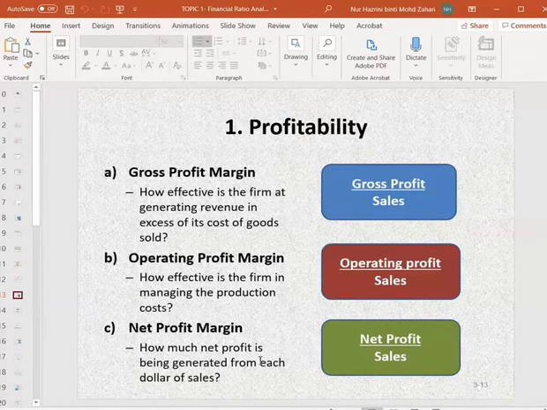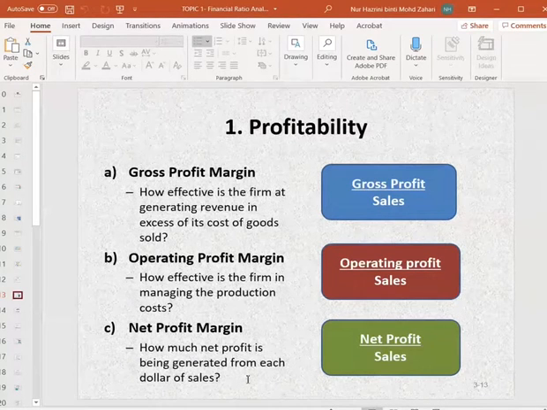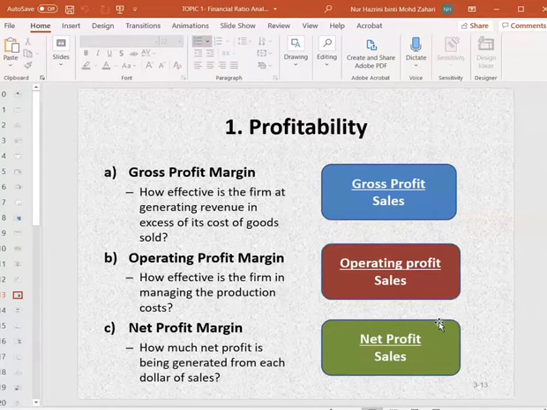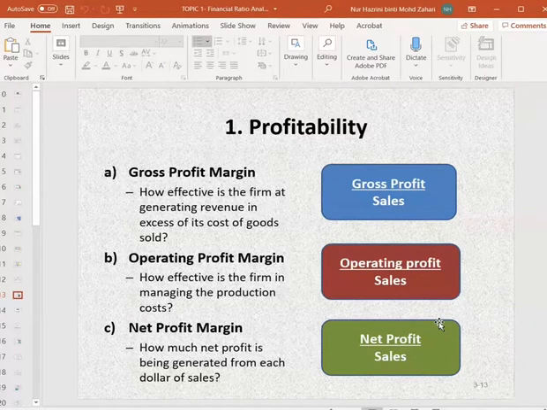And net profit. We want to see how much net profit is being generated from $1 of sales. Also, here we want to see how effective the company is in managing their total cost. Why did I mention total cost? Because from sales until net profit, you will minus all of the other costs, right?